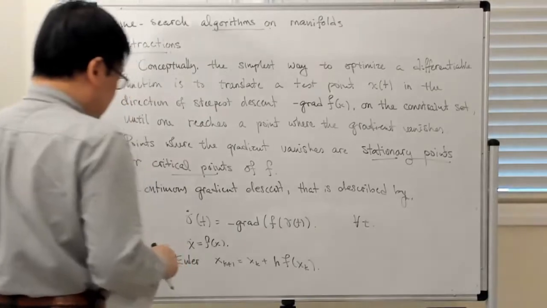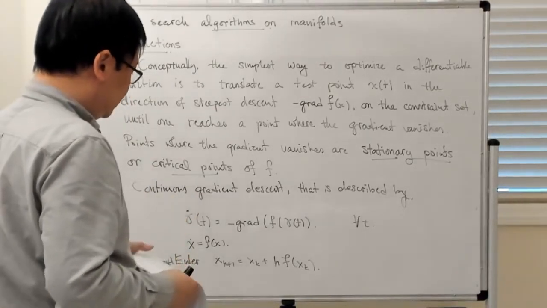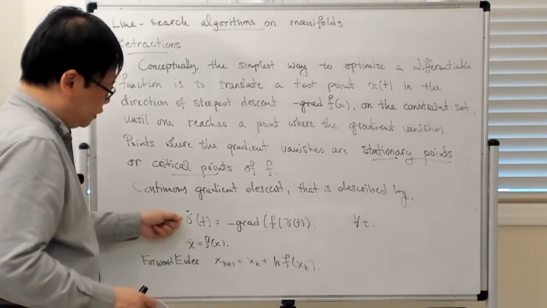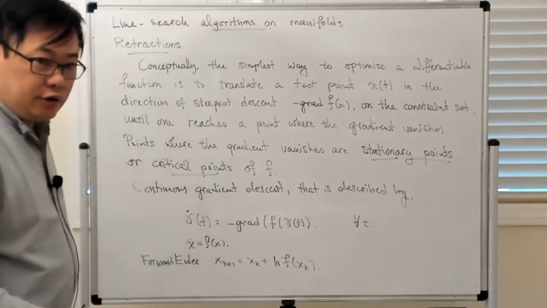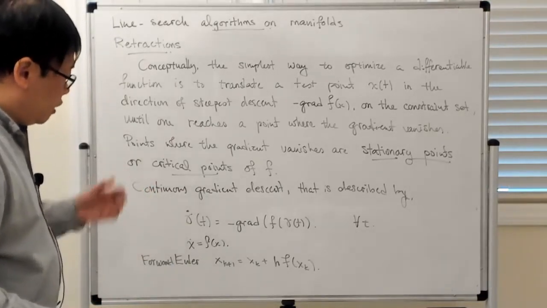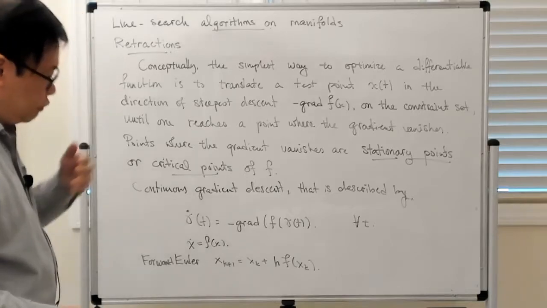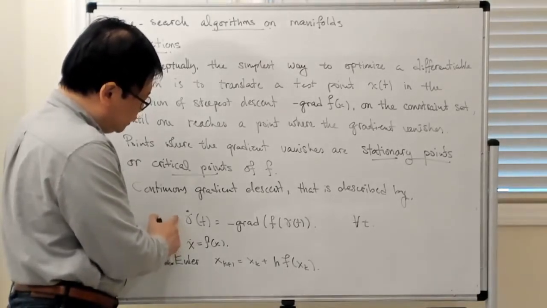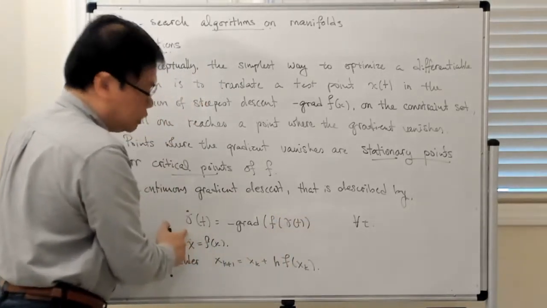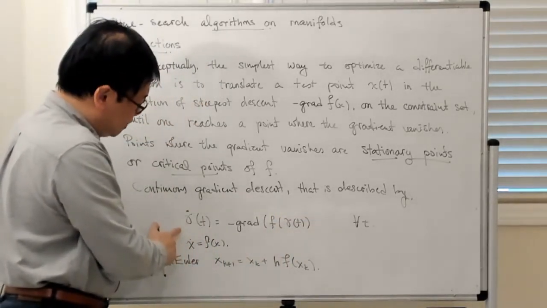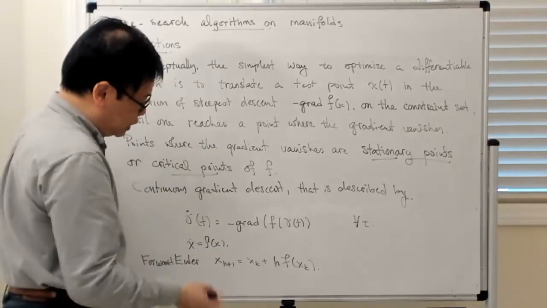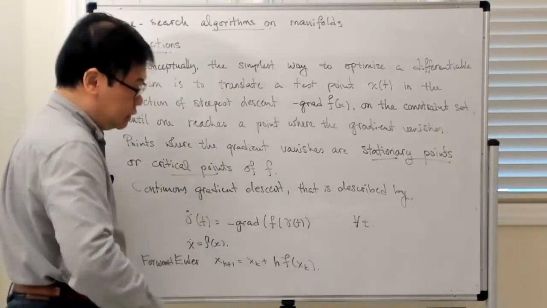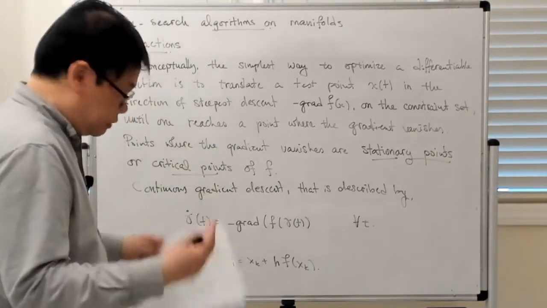And so what sometimes happens is that if you're trying to prove that your numerical algorithm has certain rates of convergence, one thing you could do is to first prove that the solution of the continuous differential equation has a certain rate at which f of gamma of t decays as a function of time.